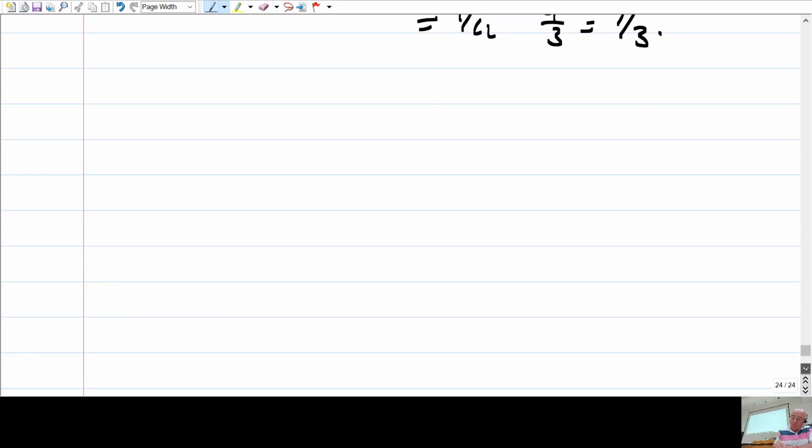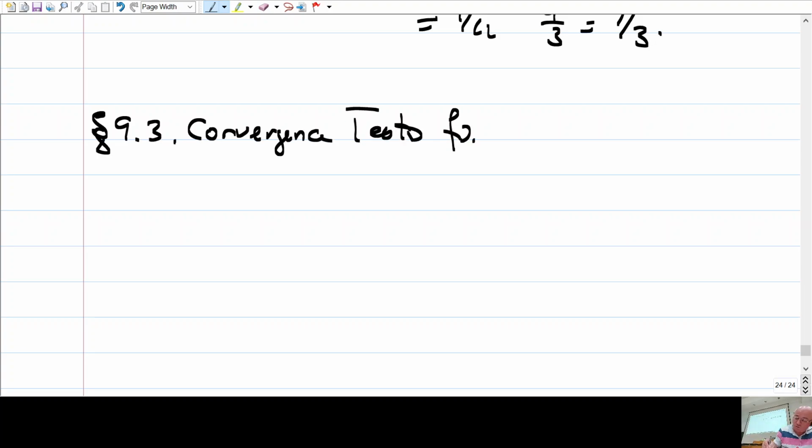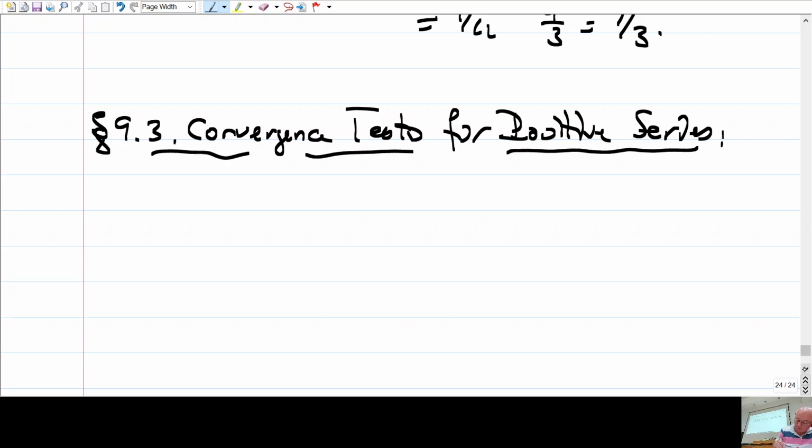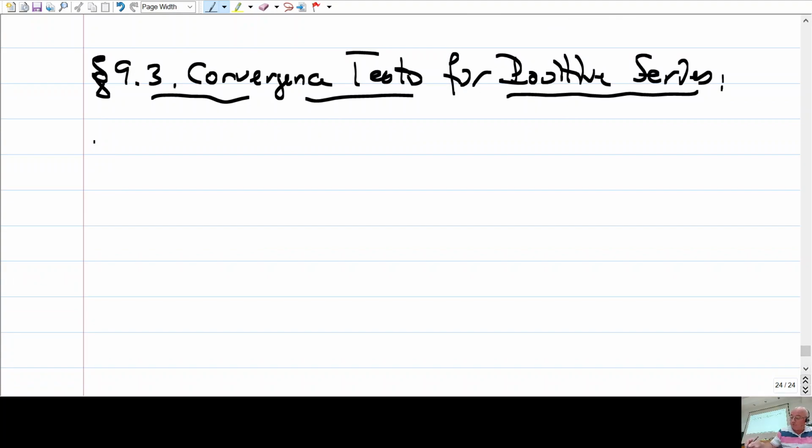All right. Now, as I said, we have convergence tests. This is section 9.3, convergence tests for positive series. The first one is the integral test.